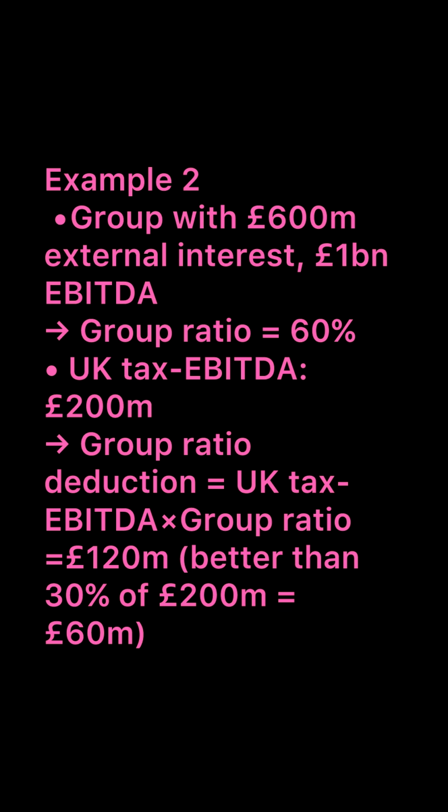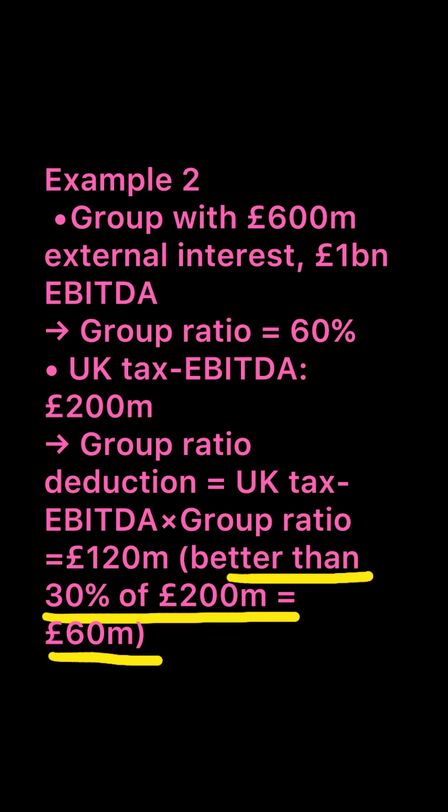That means if that company or the large taxpayer in their consolidated accounts is having a high external interest, then they can apply the group ratio test, which is nothing but the external interest which is reflected in their consolidated accounts divided by the group EBITDA. Let's understand with an example again. In this example, under group ratio test, the deduction is 120 million GBP, which is better than the fixed ratio test where the deduction is 60 million GBP.